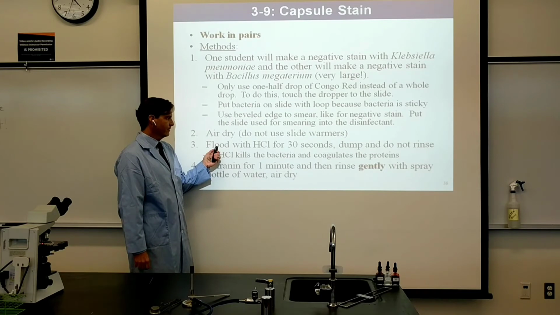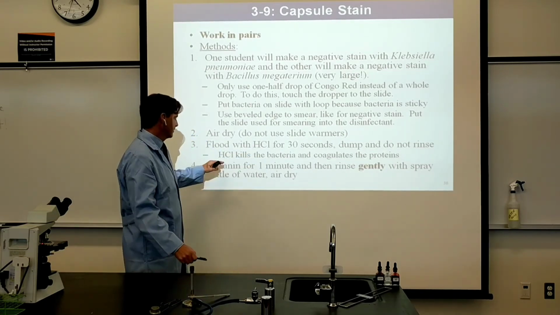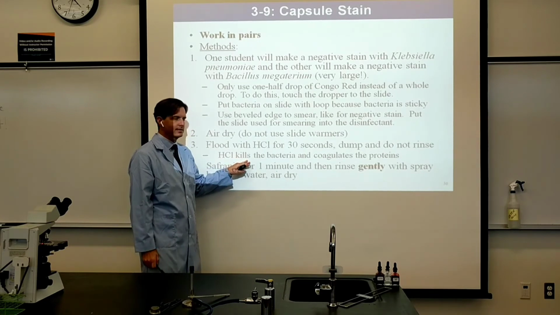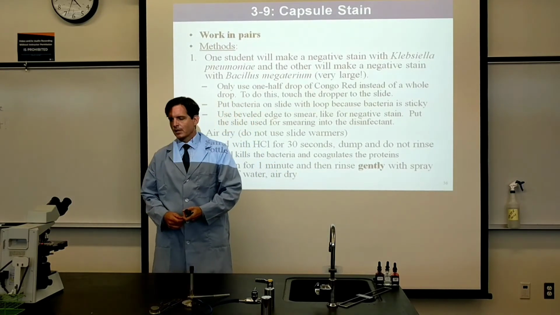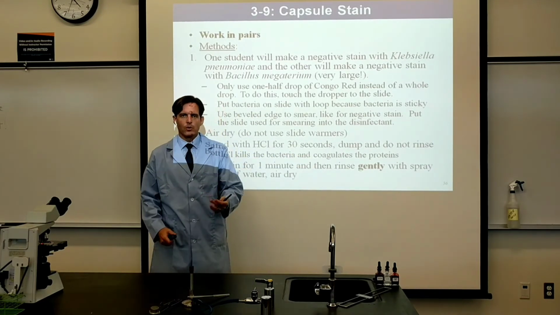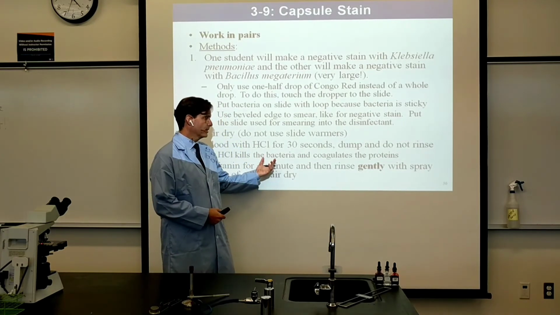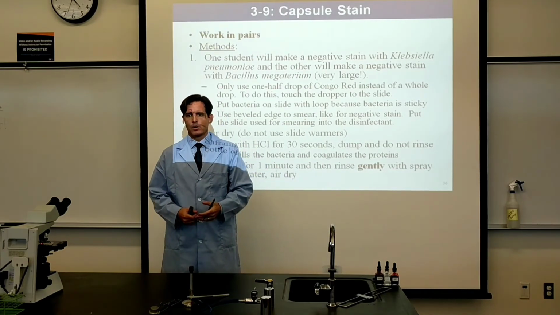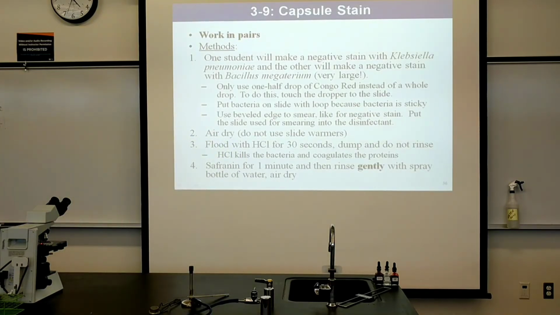The next thing we have is the hydrochloric acid. And so I'll underline this. I've already typed it in. Hydrochloric acid kills the bacteria and coagulates the proteins. And so protein coagulation is the way in which they die. And killing the bacteria is important because you want to make sure that those bacteria, especially if they were pathogens, like in a clinical sample, are not alive anymore.